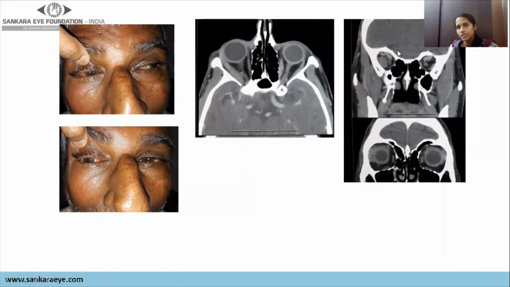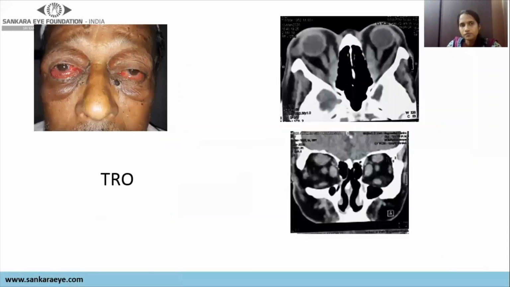In the coronal section, you're seeing infiltration into surrounding soft tissues, whereas the orbital fat plane is clear. So this is more likely to be an orbital inflammation, myositis.